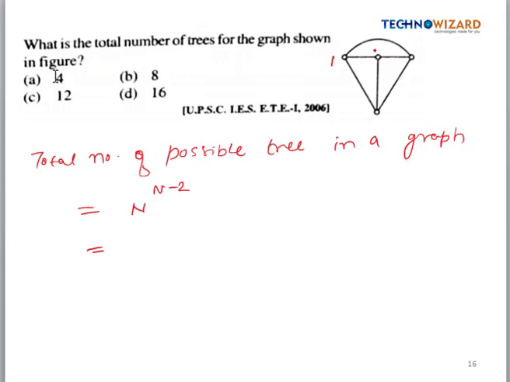This is node 1, this is node 2, this is node 3, and this is node 4. So in this graph 4 nodes are present, so this will be 4 to the power 4 minus 2, which is equal to 4 to the power 2, which is equal to 16. So for this graph 16 trees are possible. Okay, so option D is correct.